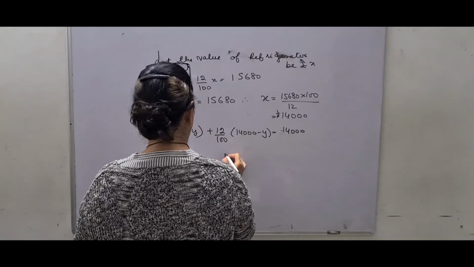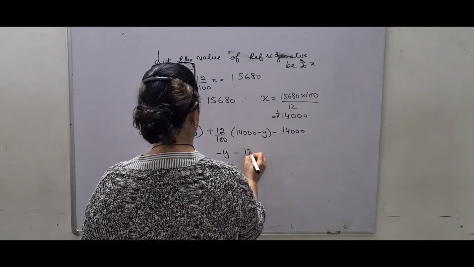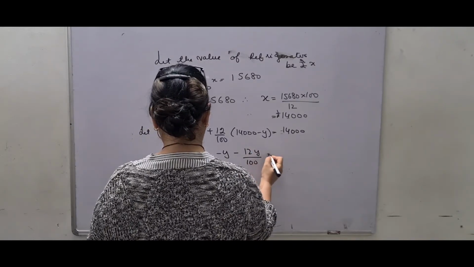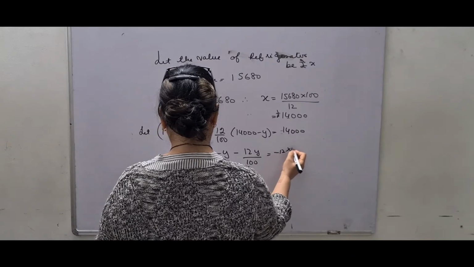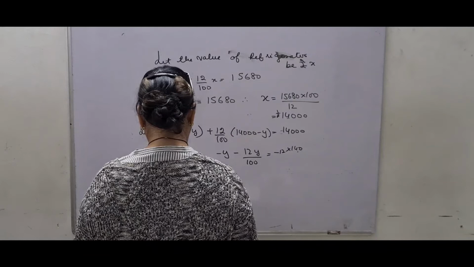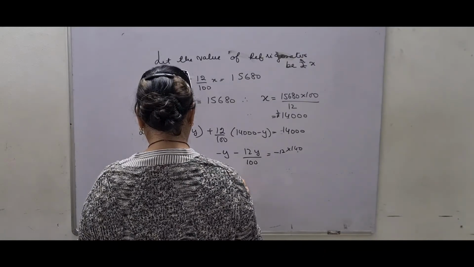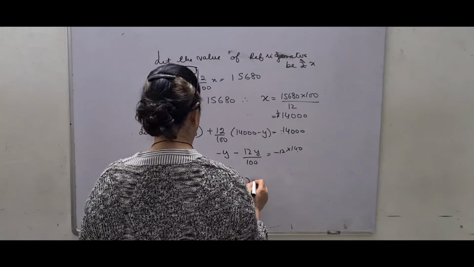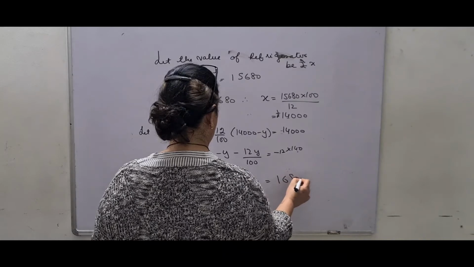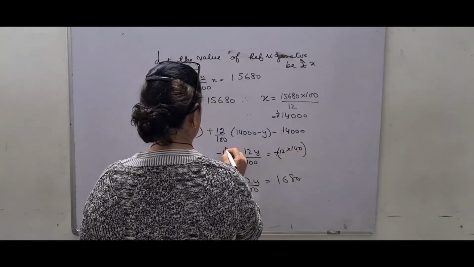Or when calculating it, minus y minus 12y upon 100 is equal to minus 12 into 140, or this will be 112y upon 100 is equal to 1680, because minus on both sides cancels.